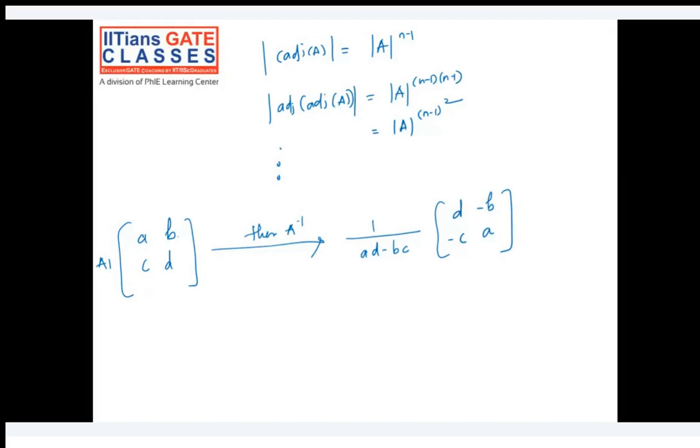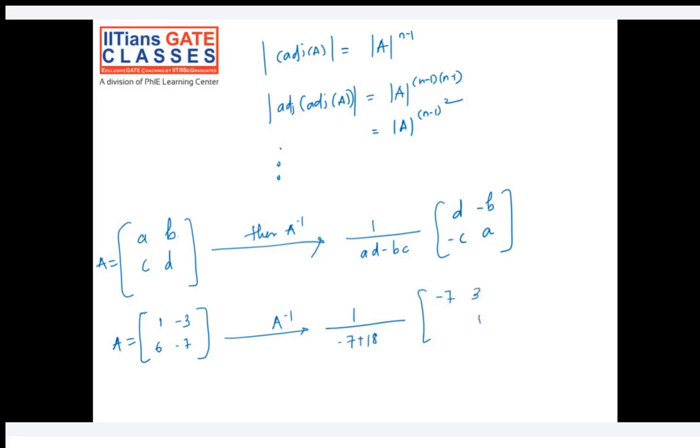If I take an example, 1, minus 3, 6, minus 7, and take the inverse of it: 1 upon minus 7 plus 18, which is 11, times minus 7 here, 1 here, minus 3 will become plus 3, 6 will become minus 6.